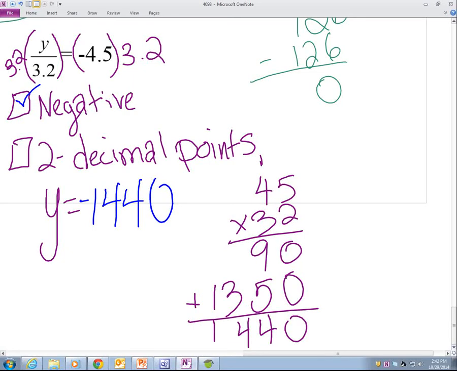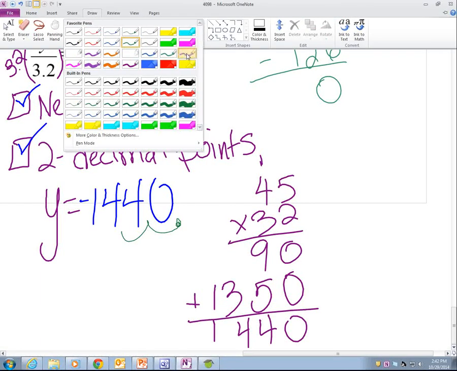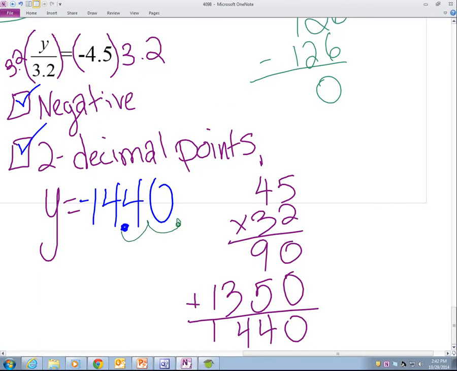Negative, 2 decimal points. Starting here, 1, 2. Negative 14.4.